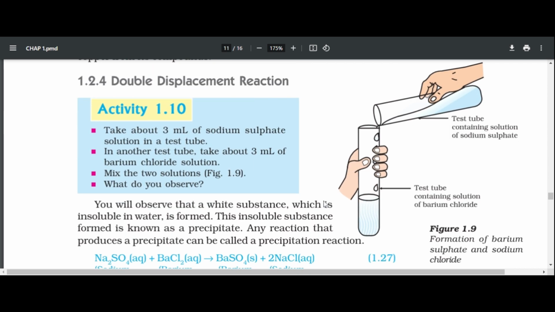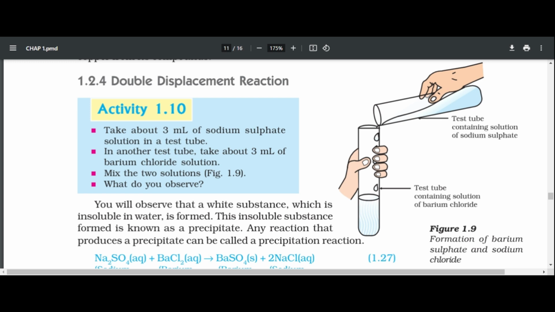Double displacement reactions. Activity 1.10. Take about 3 milliliters of sodium sulfate solution in a test tube. In another test tube, take 3 milliliters of barium chloride solution. Mix the two solutions.